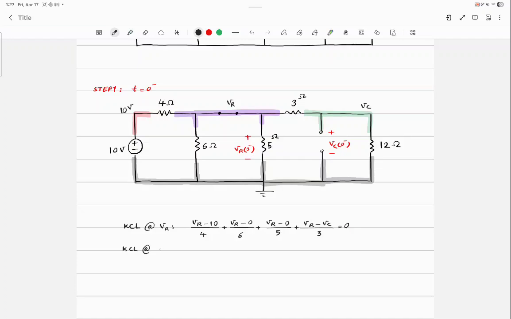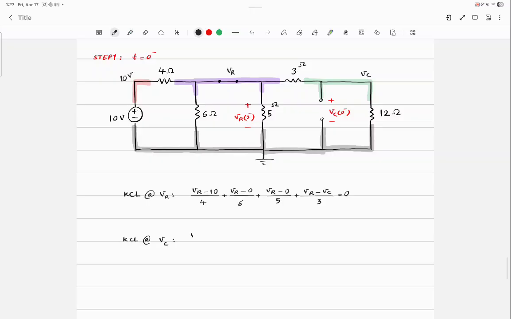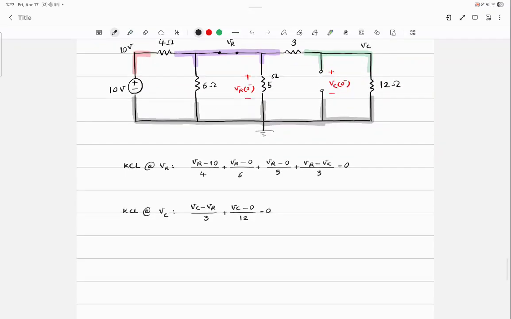KCL at VC. VC minus VR over 3 plus VC minus 0 over 12 is equal to 0. Two equations, two unknowns.